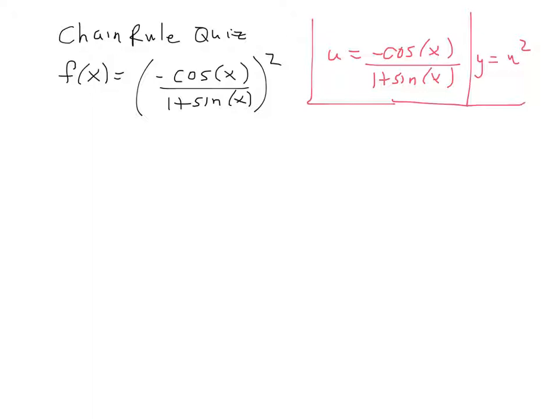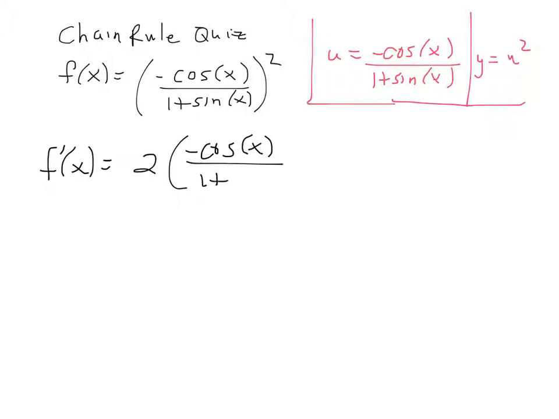And so, again, remember the way I do these is I say, well, bring the 2 down front, leave the inside alone, subtract 1 from the exponent, and then take the derivative of the inside.